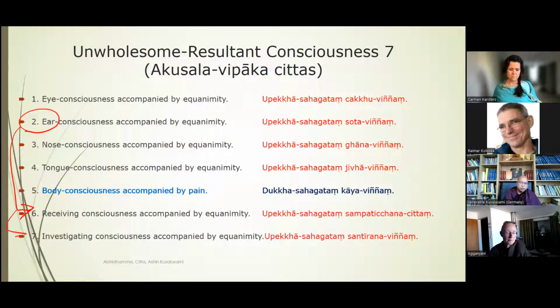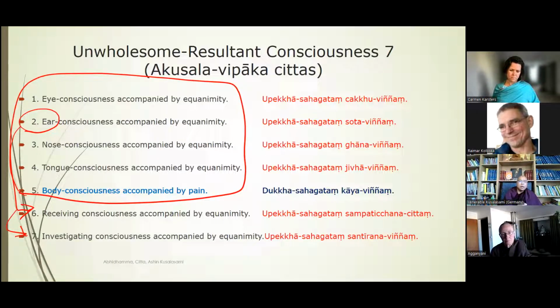So if you have an unpleasant and undesirable object from eye, ear, nose, tongue, body, you have to continue to receive it. It's a continuation of these 5. So all these 7 unwholesome resultant consciousnesses are caused by the 12 unwholesome consciousnesses, or unwholesome deeds, the bad karma. So this is unwholesome resultant consciousness.